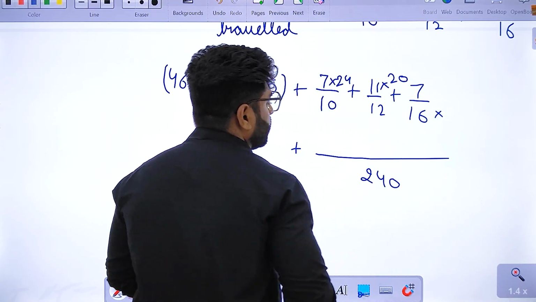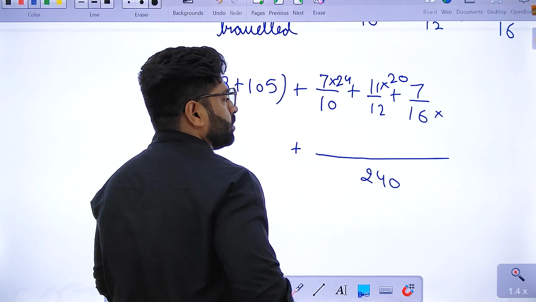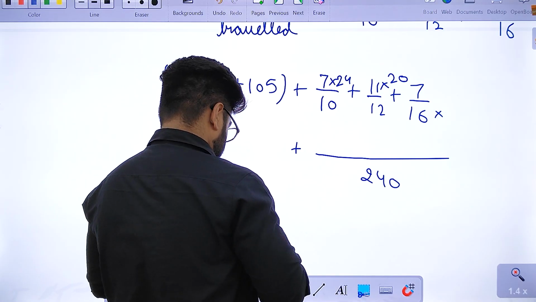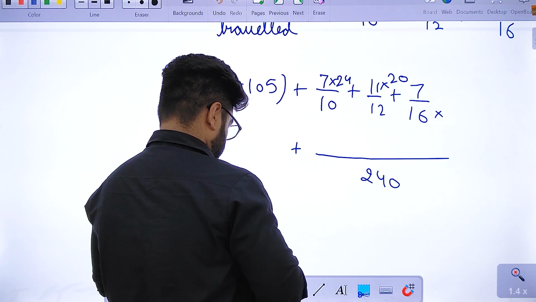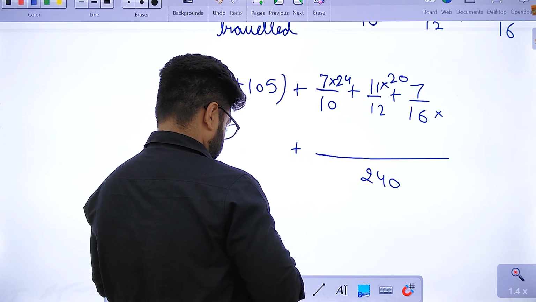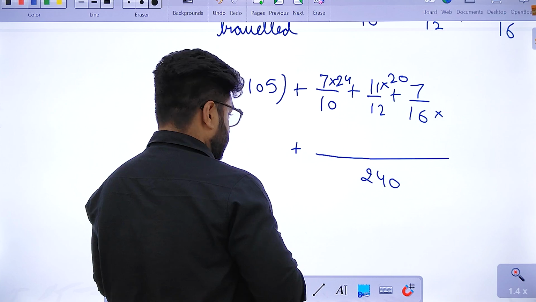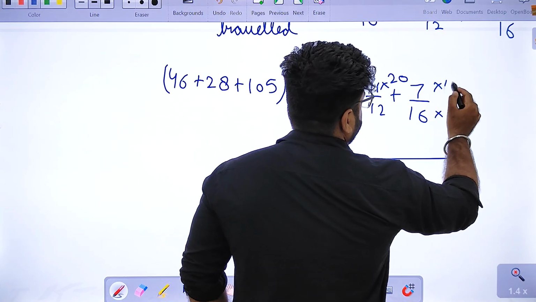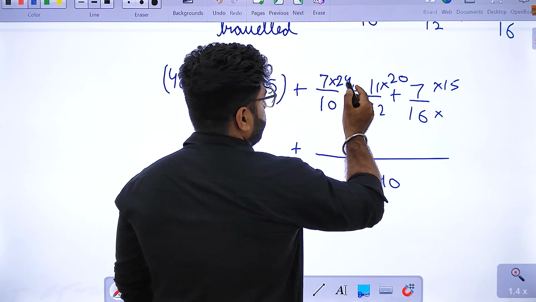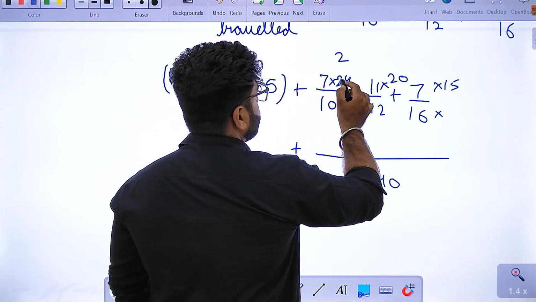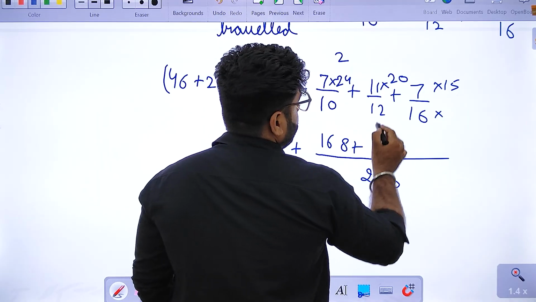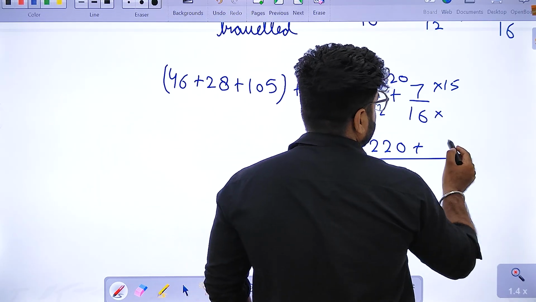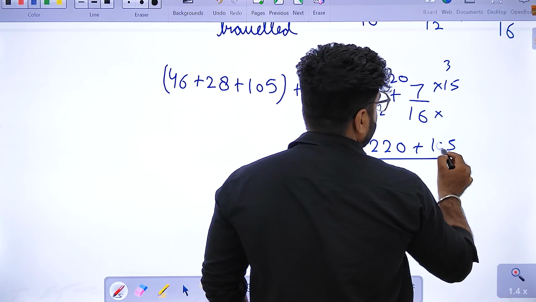And here we are having 5 into 3, 15. Here we are going to multiply it by 50. So 7 fours are 28, this is 2, 7 twos are 14, 15, 16. Here we are 220 and 15 sevens are 105.